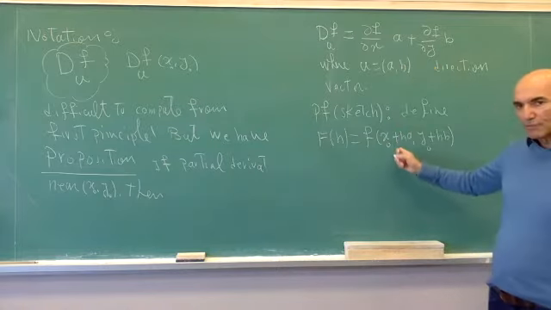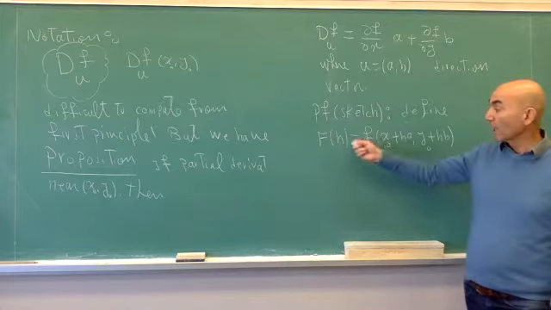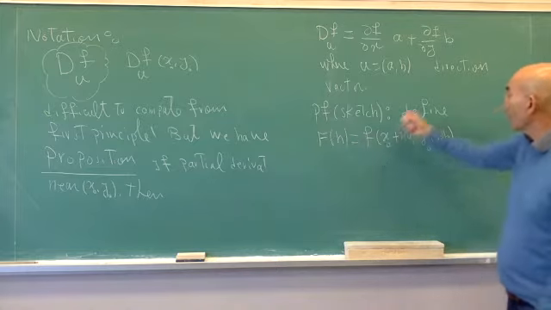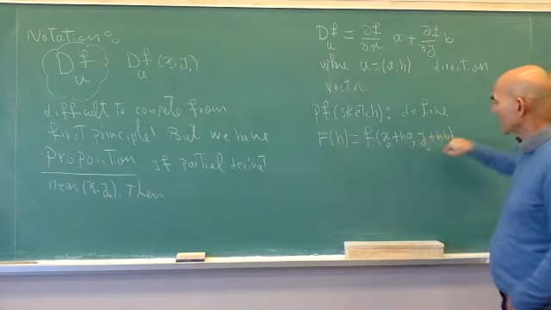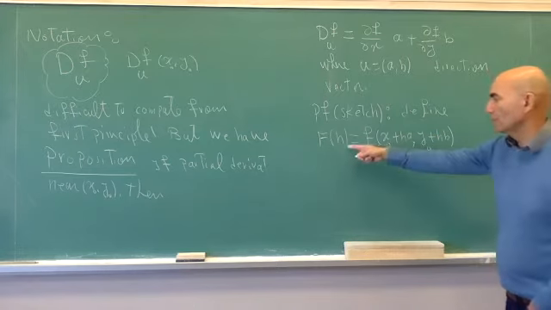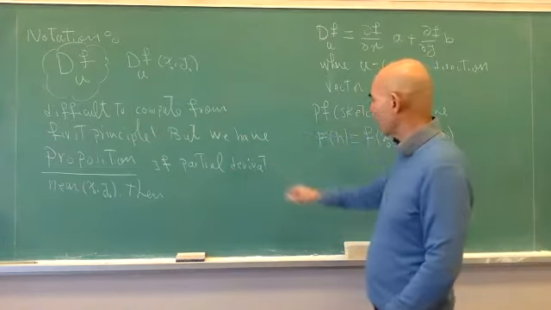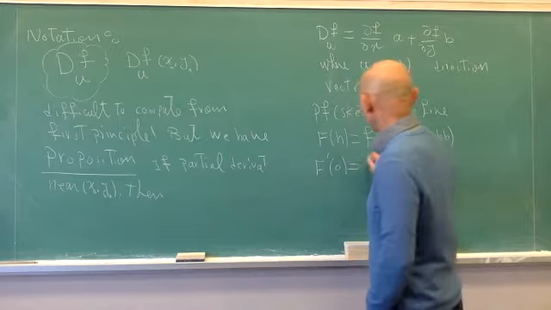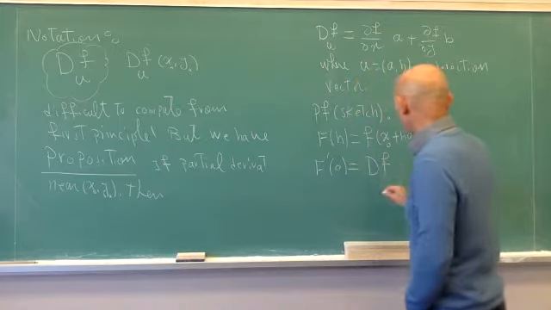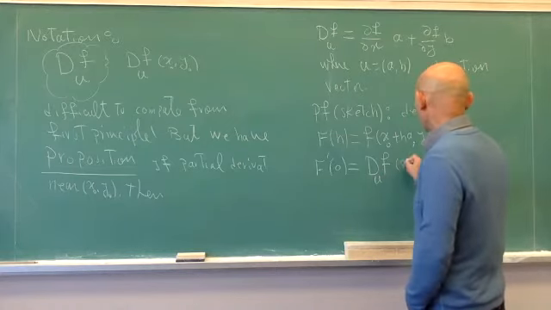So we had a function of two variables, and we turned it into a function of one variable, h, because x0, y0, a and b are frozen, but h can change. Now, according to our definition, which unfortunately I erased, F prime of 0 was really just the directional derivative of f in the direction u at point x0, y0.